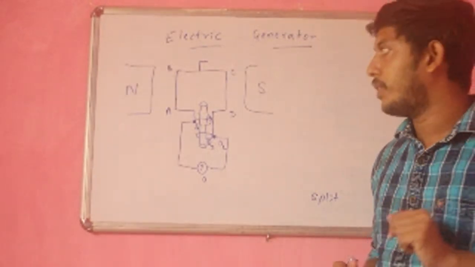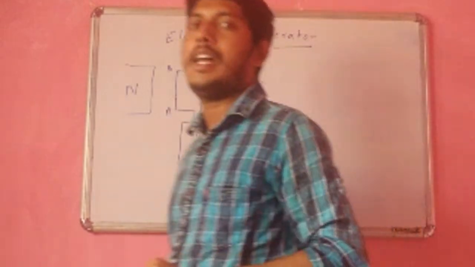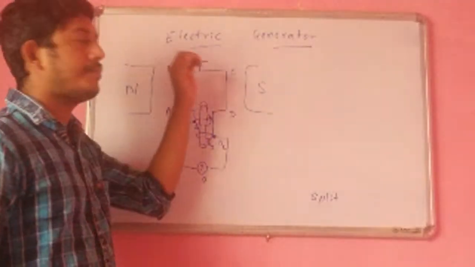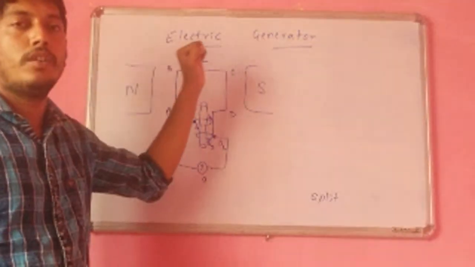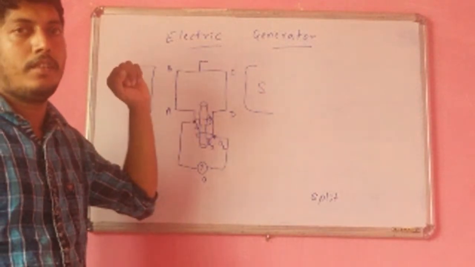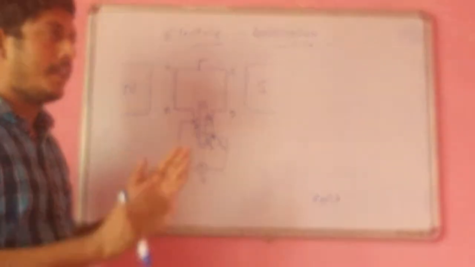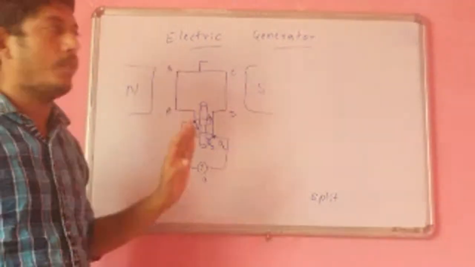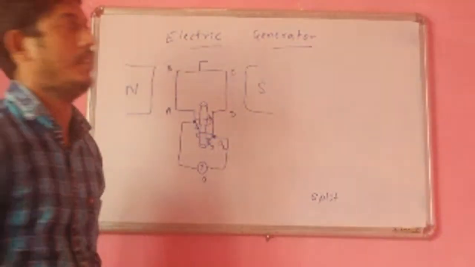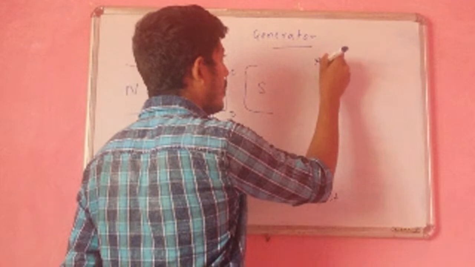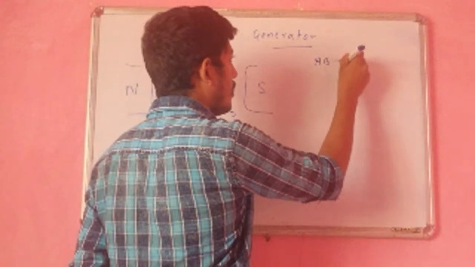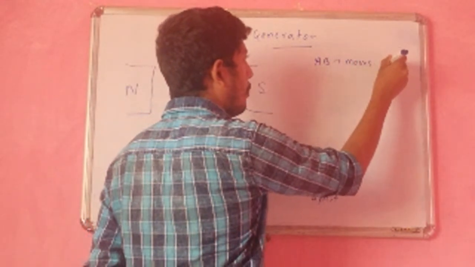Listen carefully. Initially, with the help of the handle, the armature starts rotating. Initially, RAB moves upward and RCD moves down. RAB moves upward.